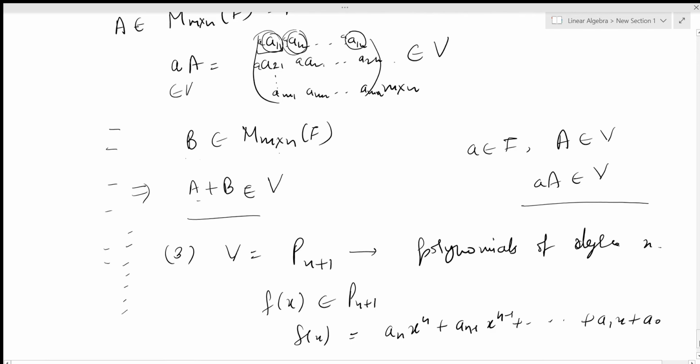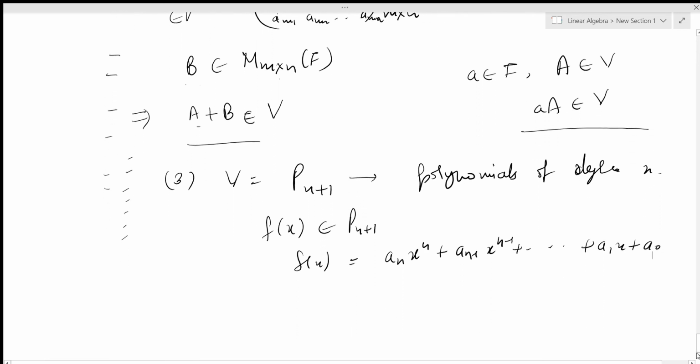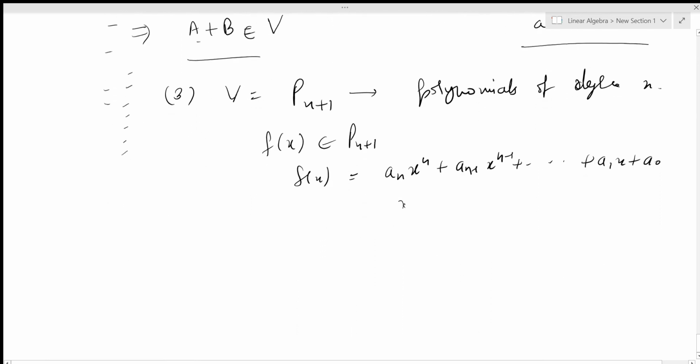So this is a polynomial of degree n if your an is non-zero, the highest power. So this is your degree. So degree of f(x) is n here.